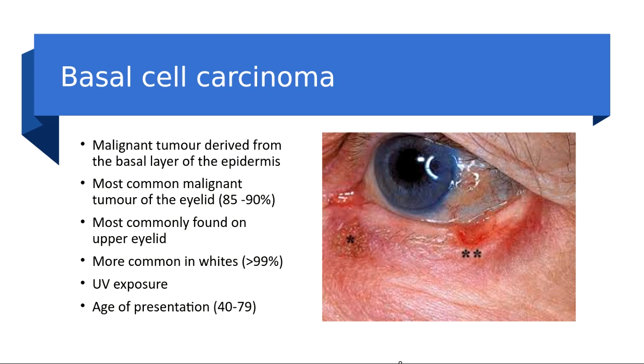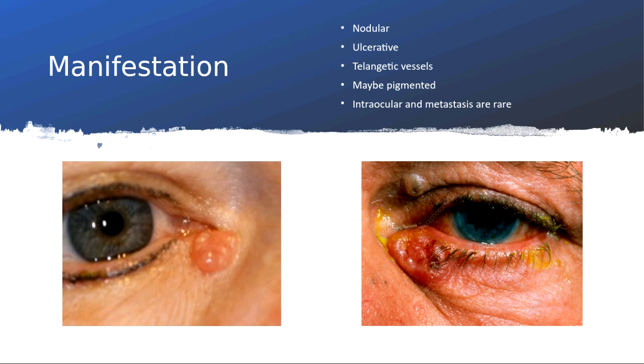All right. So the manifestation we saw was ulcerative. It can be nodular, like this pearly lesion here, and you can have vessels. You can see more rolled edges here, darkened, ulcerative, and everything looks indurated.